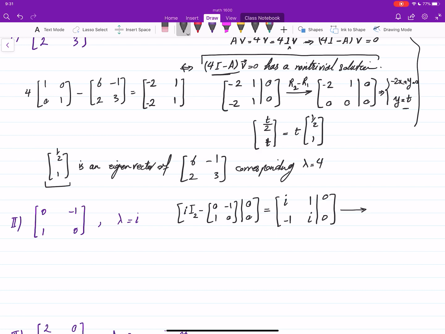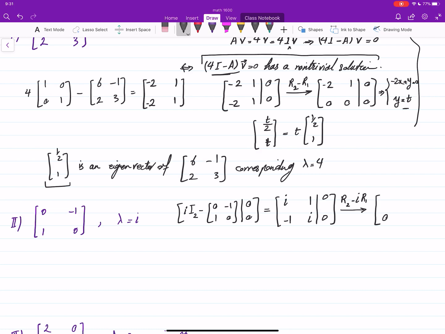Okay, if we multiply row 1 by another i, it will give us i times i is negative 1. Then subtract that from R2. This will give us i times i is negative 1, minus, so negative 1 minus negative 1 is 0.